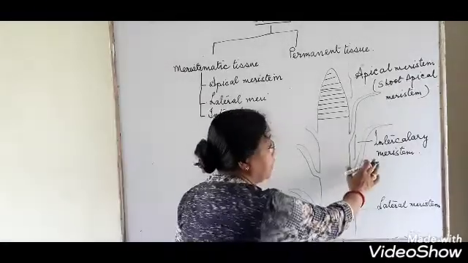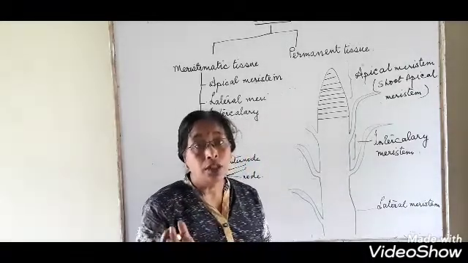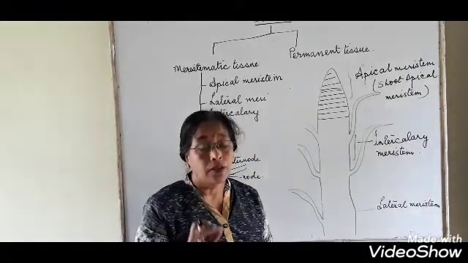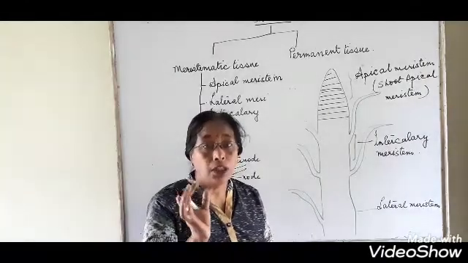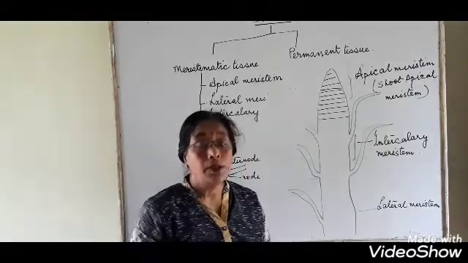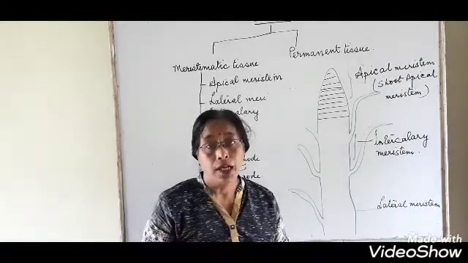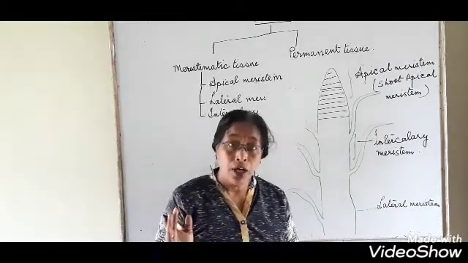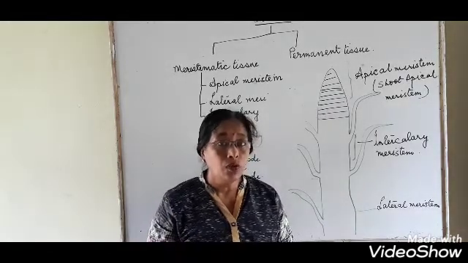Then the intercalary meristem is present in the nodes and internodes of the plants, the point from where the branches, the flowers or the leaves arise. The lateral meristem helps in the increasing of the girth of the plant. So they are found in the shoot also and in the root also.